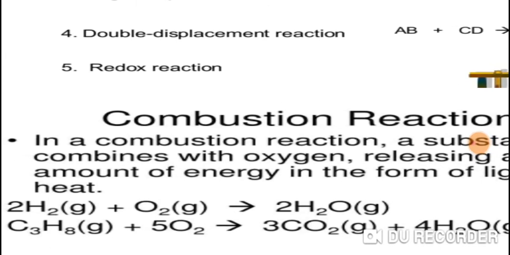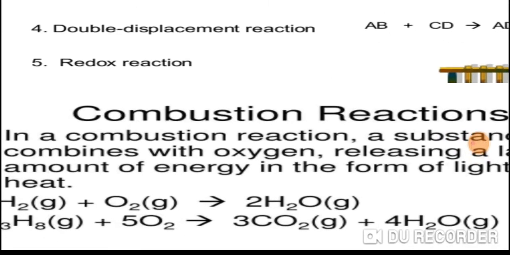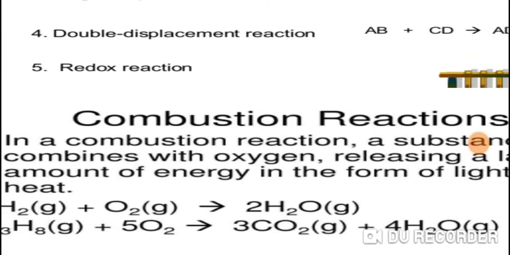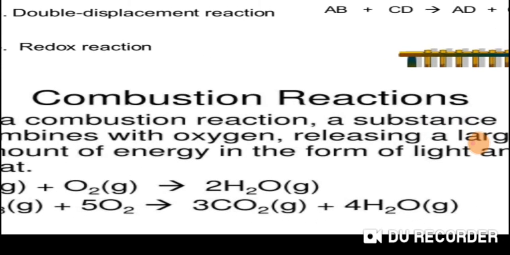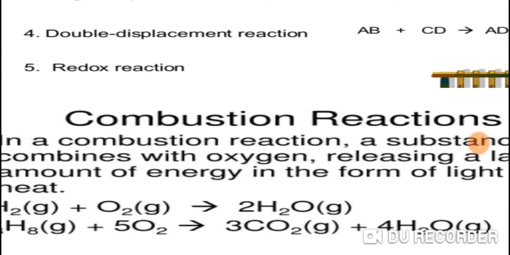Whenever oxygen is combined with an element, combustion or burning takes place, and when that burning takes place, it releases an amount of energy, an amount of heat, and that heat may be in the form of light energy, or that may make a reaction hotter, or may produce some light effect or glowing effect in the reaction.